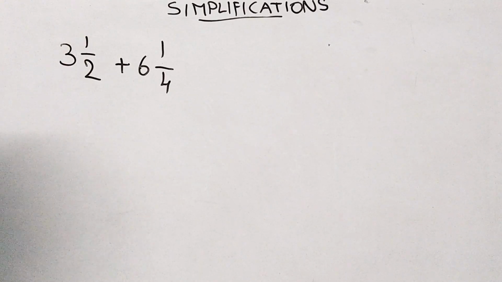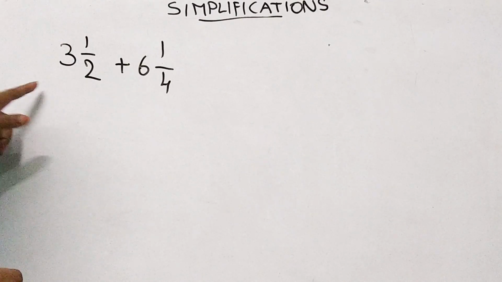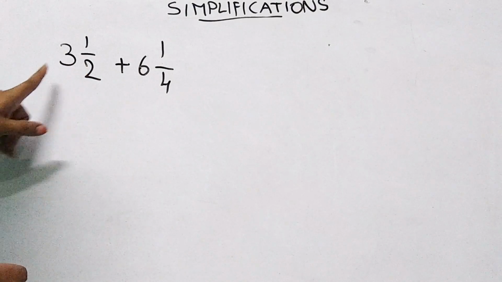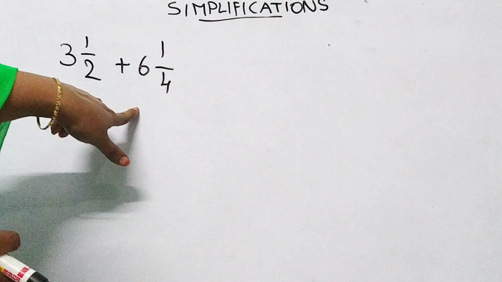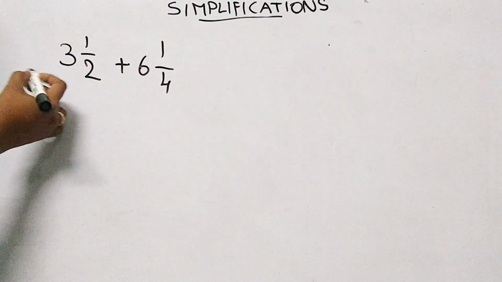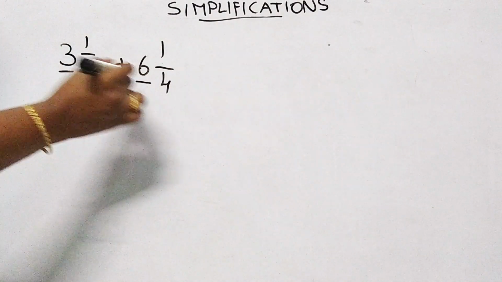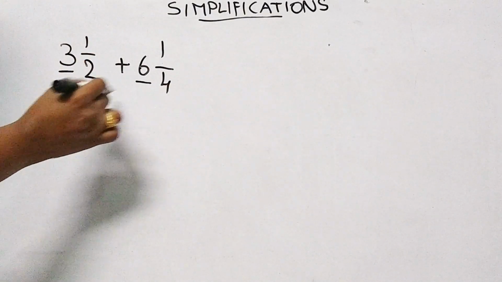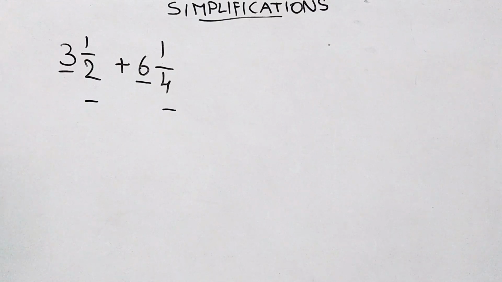Okay, the question is 3 1 by 2 plus 6 1 by 4. Now we are going to add these two fractions. Just see the numbers 3 and 6, and fractions 1 by 2, 1 by 4.